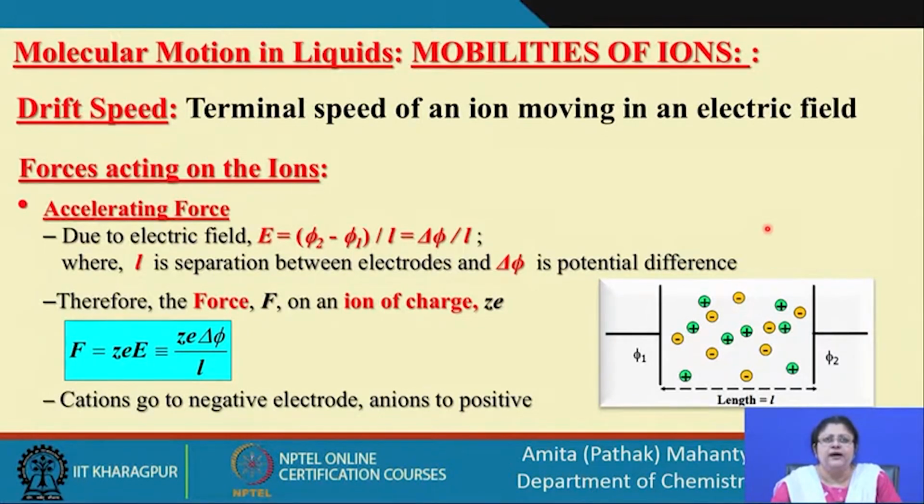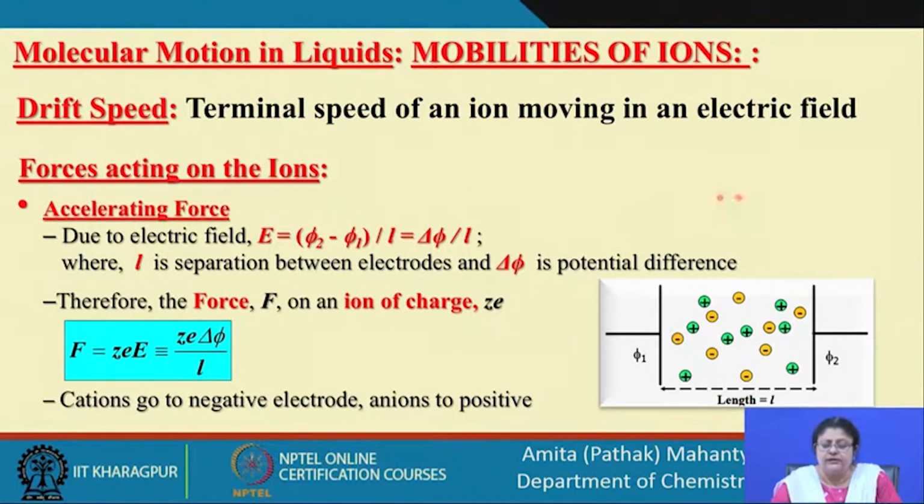So, let us first identify the form of the accelerating force which we have. The accelerating force, the driving force we have just mentioned, is the potential gradient. We have the electrodes connected to a battery system, so the complete diagram will have a battery system something like this.